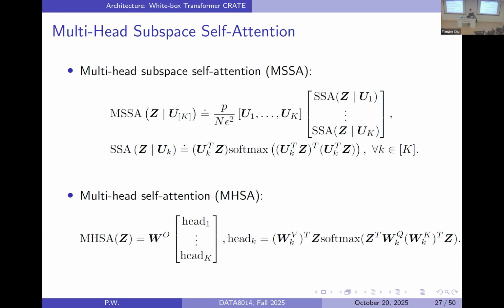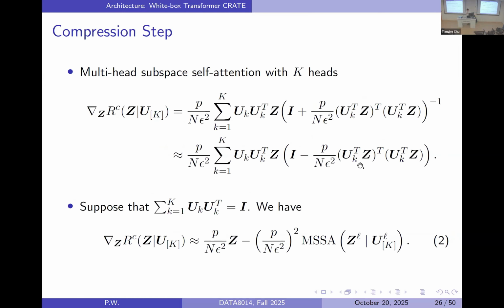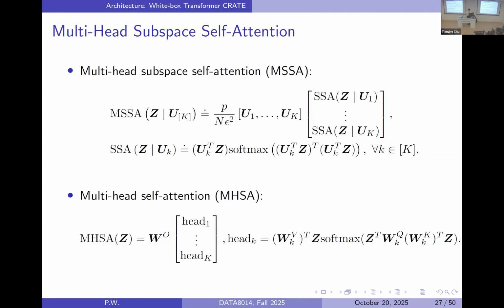If we directly used the original formula, we would just have linear attention, subspace linear attention, without softmax. But to better capture membership relations, the similarity of different projected tokens, we add a softmax operation here to convert U_k transpose Z transpose U_k transpose Z into a distribution of memberships.